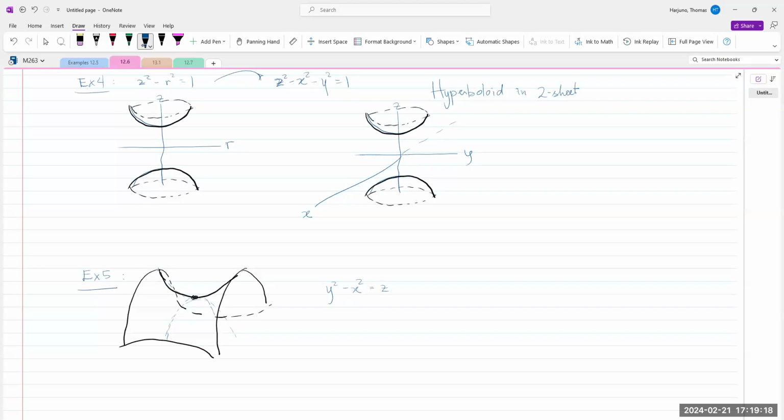If I use this as the reference, this is the z-axis, this is the y-axis, and this is the x-axis. Now, for this type of surface, it's easier for us to see if we do the cross-sectional, which our textbook calls tracing.